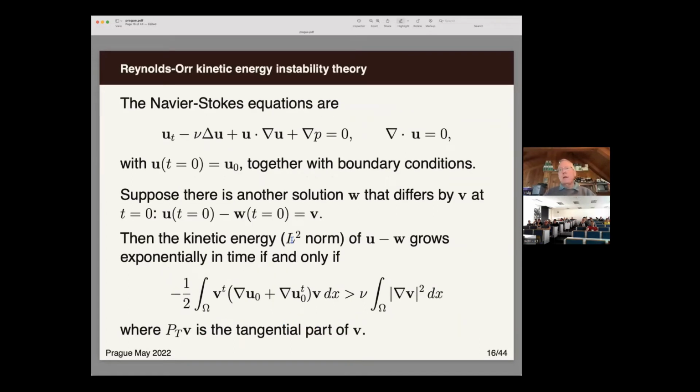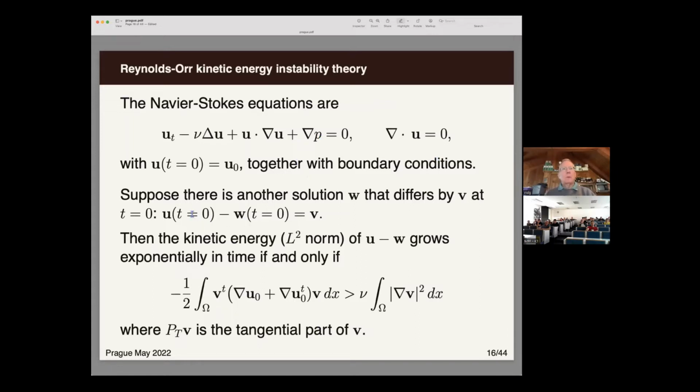So finally, we're done with talking, and now we get down to equations. Okay, so here's the fine print. These are the Navier-Stokes equations. The time derivative of the flow is balanced by a viscous term, a nonlinear so-called momentum term, the pressure, and with boundary conditions.